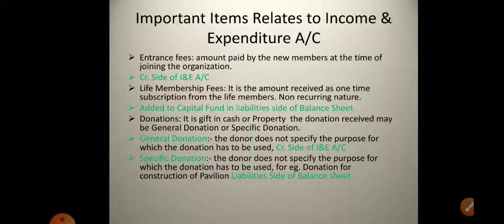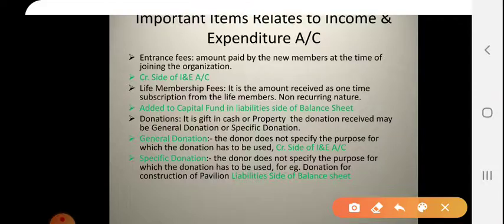To join the sports club, members may come and give admission fees or entrance fees. That is an income for the not for profit organization, so this is going to be written in the credit side of income and expenditure account. The credit side is the income side.